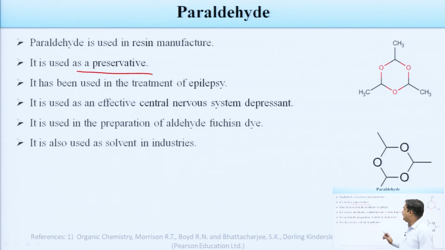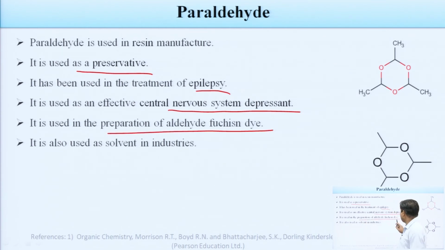It is also used in the treatment of epilepsy, as I told you, because it has sedative and hypnotic properties. Then it is used as an effective central nervous system depressant, as I have talked about earlier. It is also used in the preparation of aldehyde fission dyes, very important. Then it is also used as a solvent in industry.